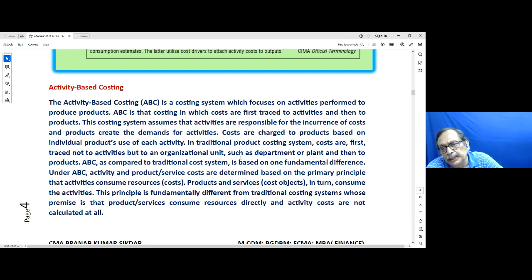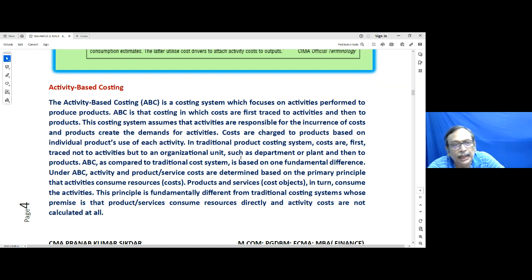ABC is that costing in which costs are first traced to activities. So we are going to trace the cost to the activities and then to products. Tracing of cost is first done to activities, and then we relate the cost to the products. This costing system assumes that activities are responsible for the incurrence of costs and products create the demands for activities.